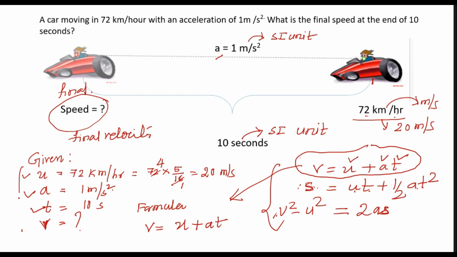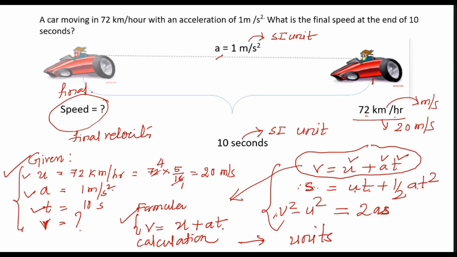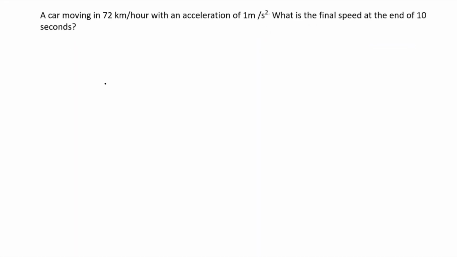Now you will get a mark for this, then for the formula you will get a mark, and then for the calculation, and for the answer expressed in proper units. So all these subtitles carry marks. Now when you solve this question on your answer paper, how should it look? It should be very neat.